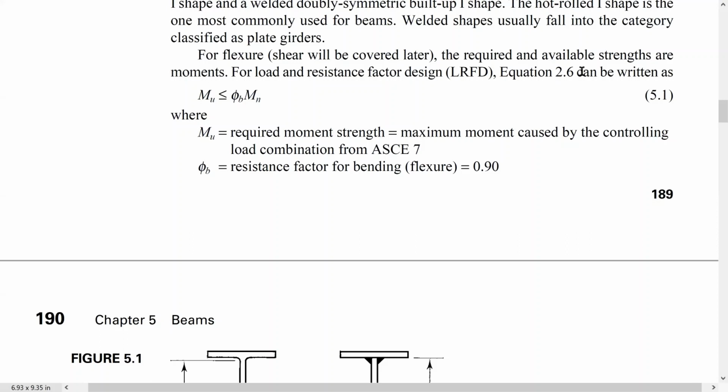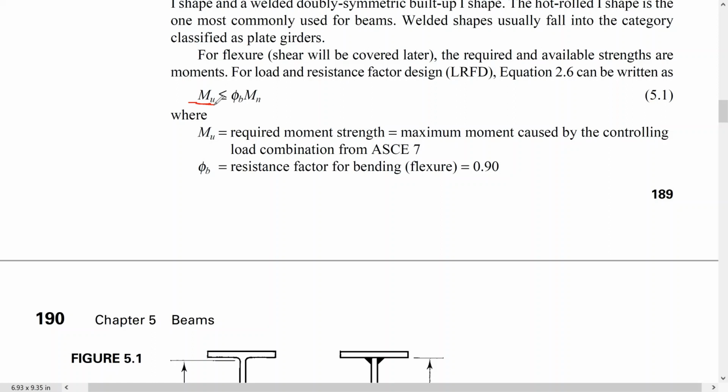Okay guys, so right now if we have a beam, how do we measure the strength capacity of this beam? In chapter 4, for the column, we used strength, which is a force, in kips. But in this chapter, for the beams, as they are mainly used to resist bending moment, we will use M here, Mu, and Mu here is the maximum moment caused by a controlling load combination from ASCE 7.